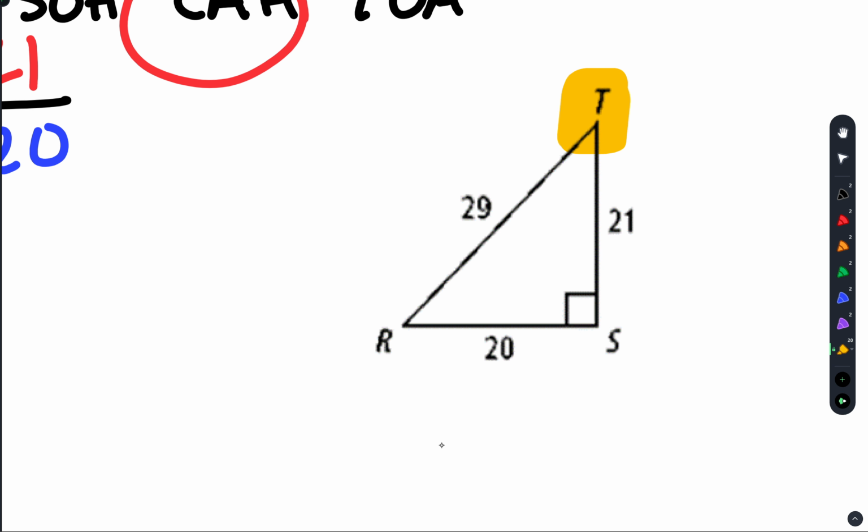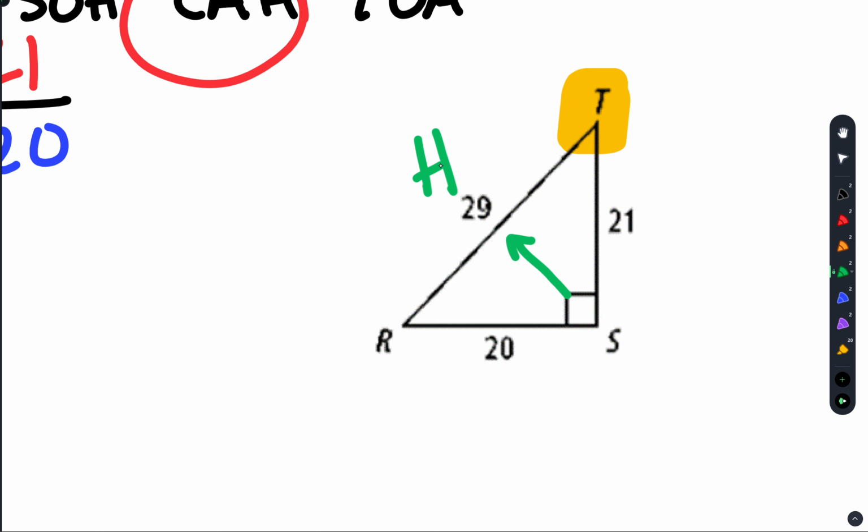Out of 29, 21, and 20, what piece is the hypotenuse? What piece is my hypotenuse in this diagram? 29, 21, or 20? 29 is the hypotenuse. The hypotenuse is always across from the right angle.